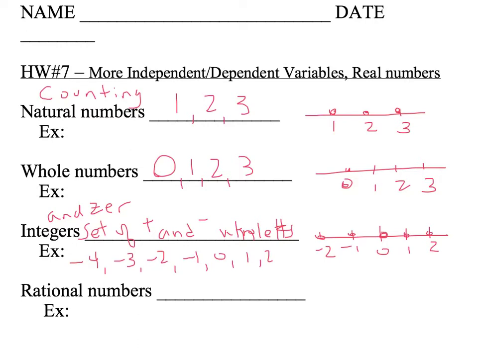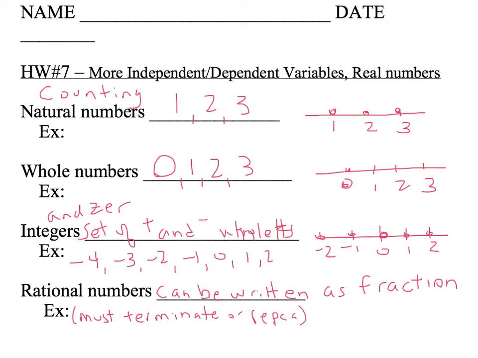Then we have the rational numbers, which are any number that can be written as a fraction. These are a little bit confusing, so no graph. It can be written as a fraction. I'll give you a couple examples, and I'll tell you a special note: they must terminate or repeat to be in this family.